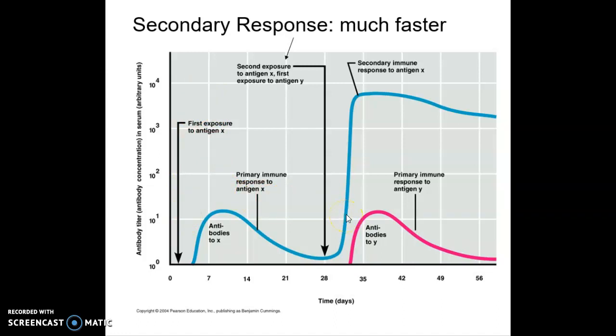So your body is absolutely flooded with antibodies. You won't know you got the disease again. Over here, this was how much you needed to kill the disease, kill the pathogen. And that's at 10. This is at 10 to the fourth almost with your secondary response. So we call a primary response the first time we got a disease, and then secondary response the second time.